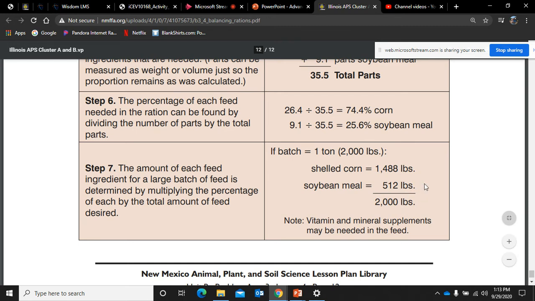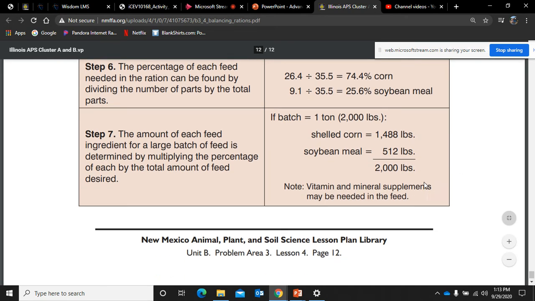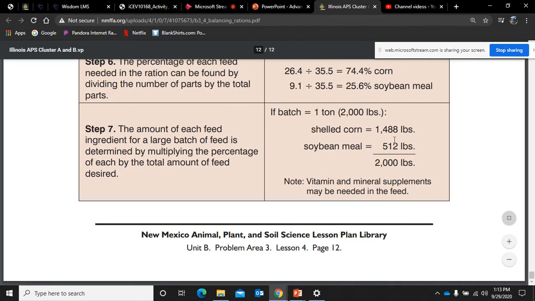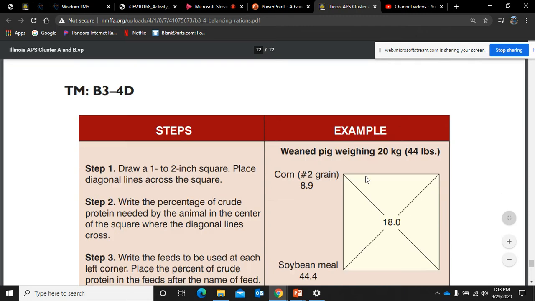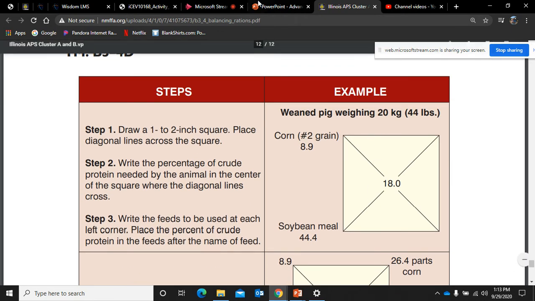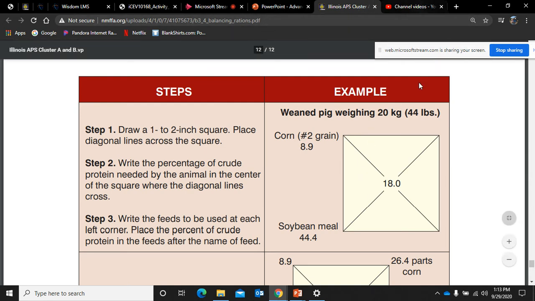It gets you 512 pounds. Okay, and then you add those together again, and you want it to equal out to the exact weight. I'm gonna leave this here.